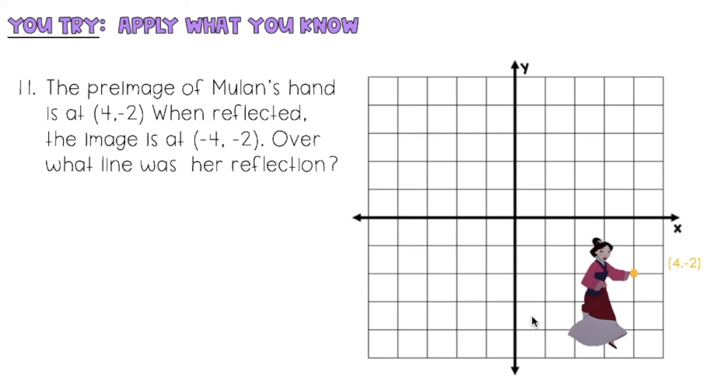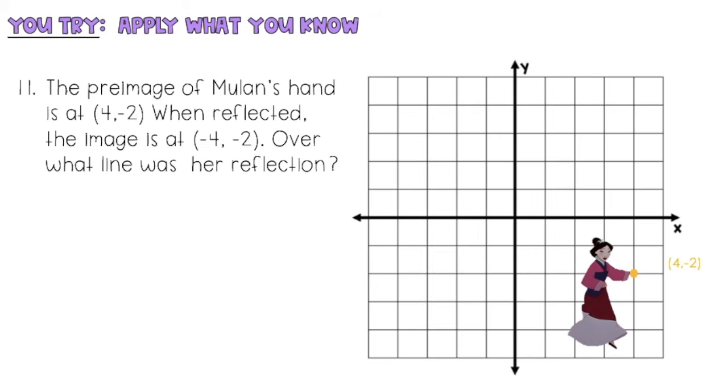The pre-image of Mulan's hand is at 4, -2. When reflected, the image is at -4, -2. Over what line was her reflection? So here I know that the original is at 4, -2. So I'm going to take a moment to plot my new image.